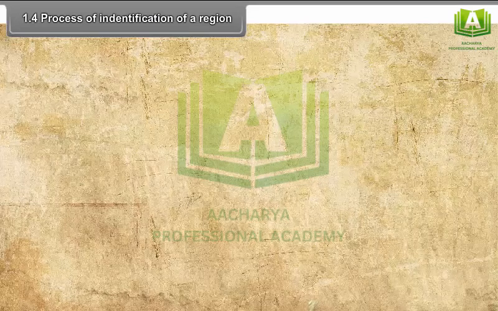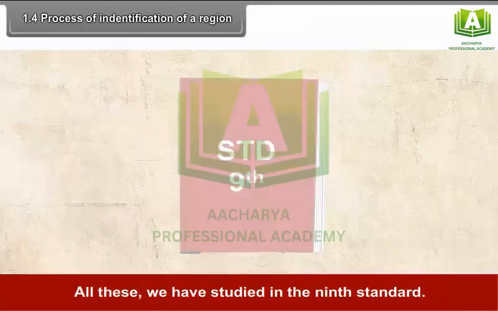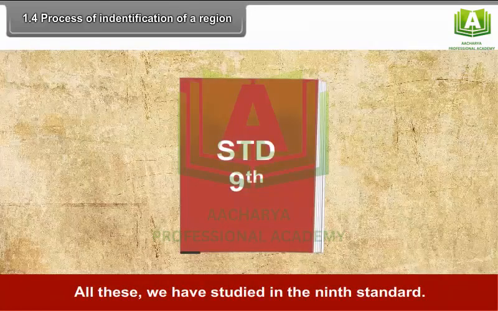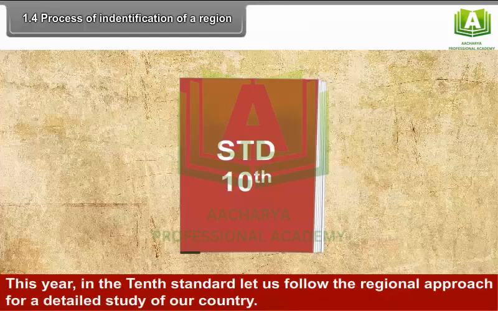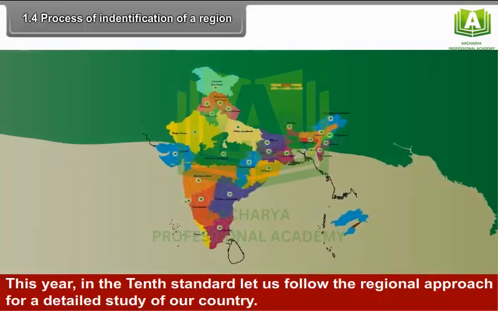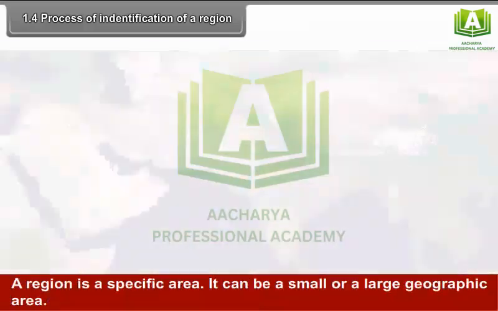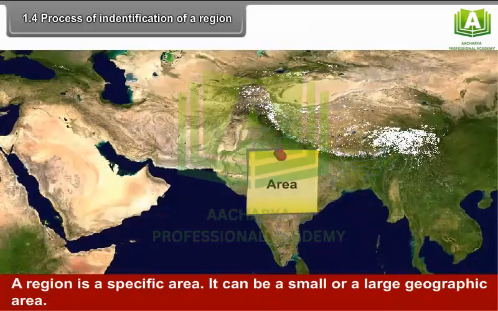1.4 Process of identification of a region. What is a region? On what basis are regions defined? All these we have studied in the 9th standard. This year, in the 10th standard, let us follow the regional approach for a detailed study of our country. A region is a specific area.